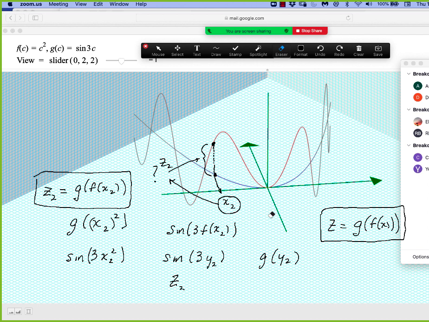Because our independent variable for the g of c graph is y, and the y are positive from the f of c graph. So we're always going to have a positive sine graph. Yes, exactly, for the sine graph for a positive independent variable, right?